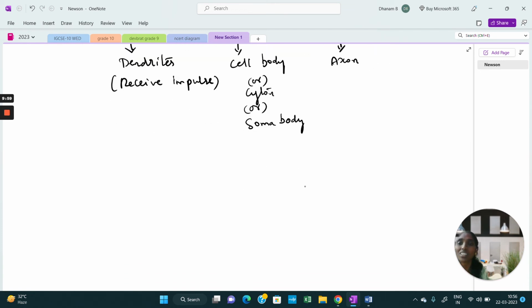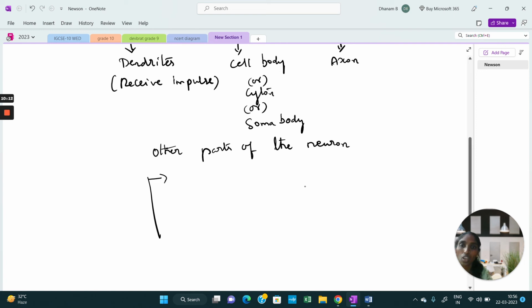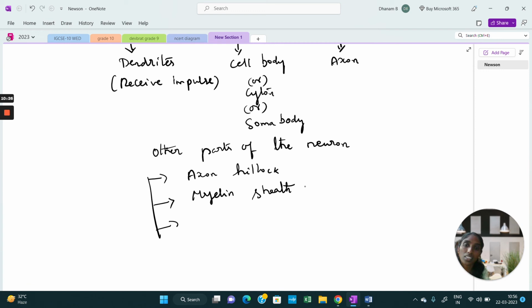What are the other components? You have to remember other parts of the neuron. Very important. What other parts are present in the neuron? I just tell you: axon hillock, second myelin sheath, and third node of Ranvier.